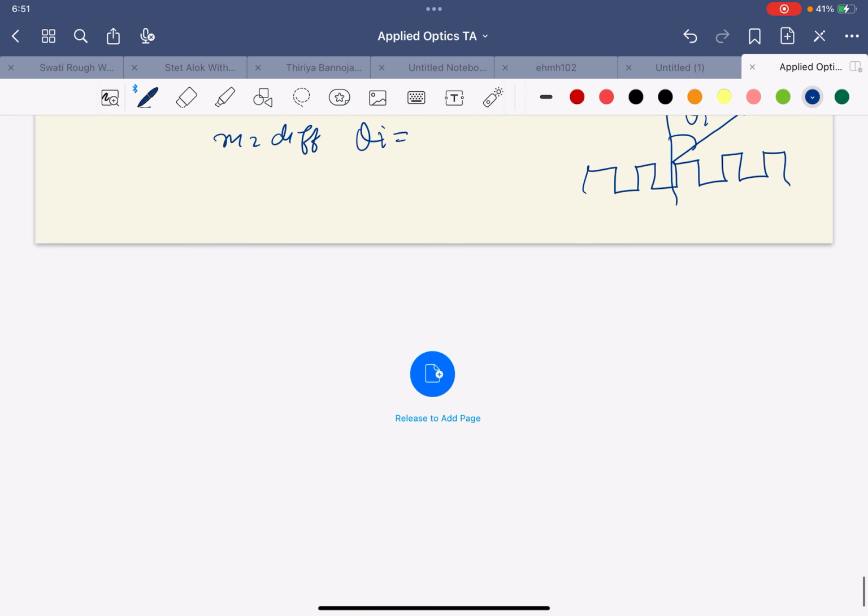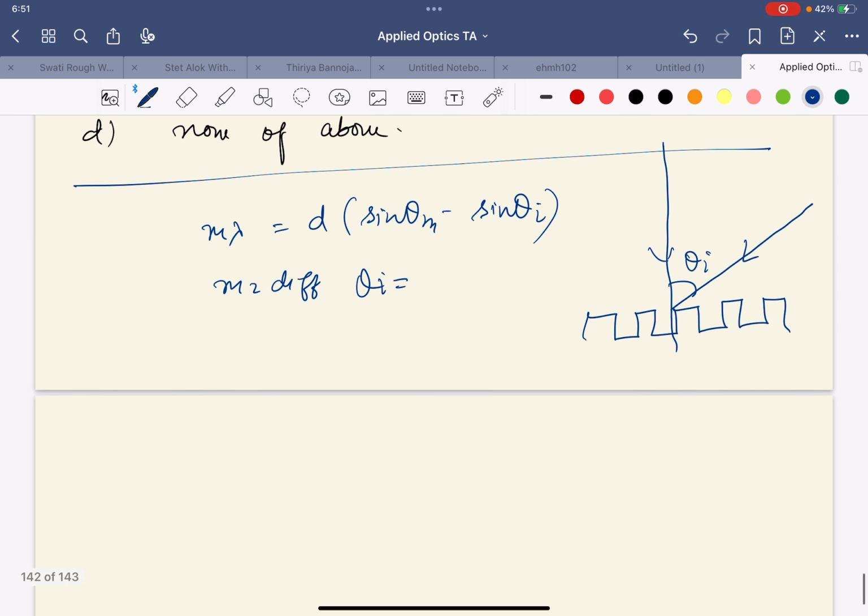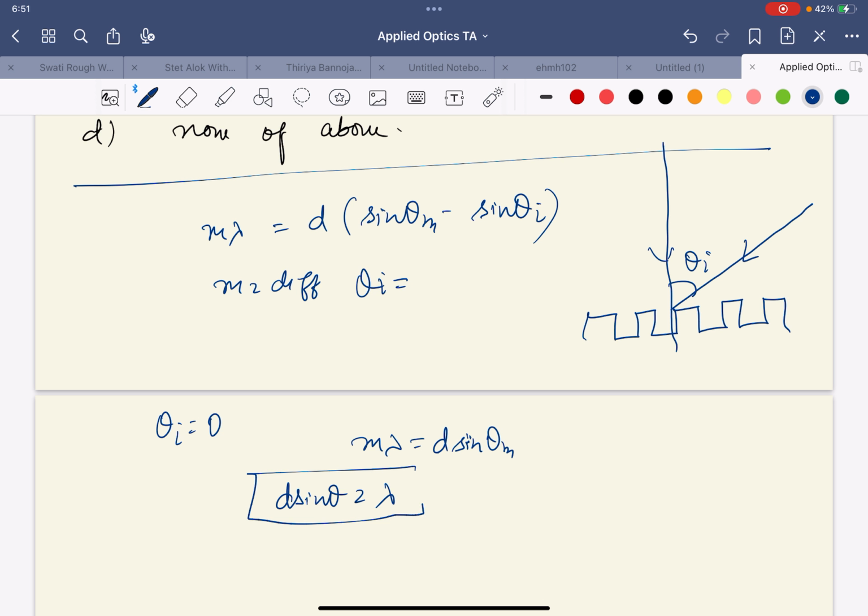For a special case, if we consider the incident angle to be 0, then m lambda will be d sine theta m. This is the usual grating equation for normal incidence. If we consider first order diffraction, then m equals 1, and the first order diffracted light occurs where d sine theta is equal to lambda.